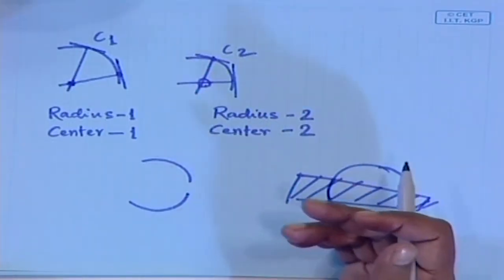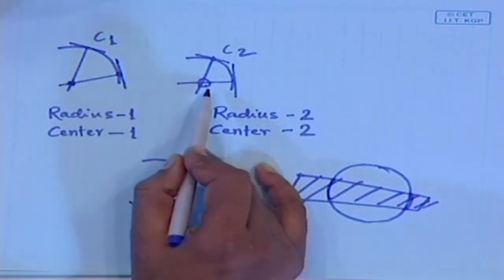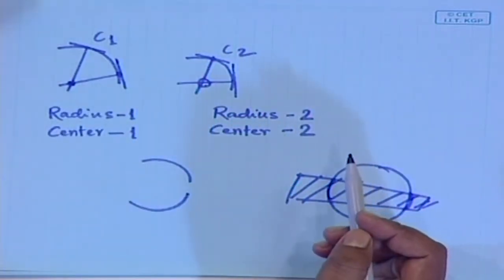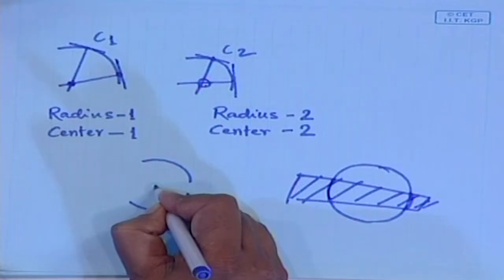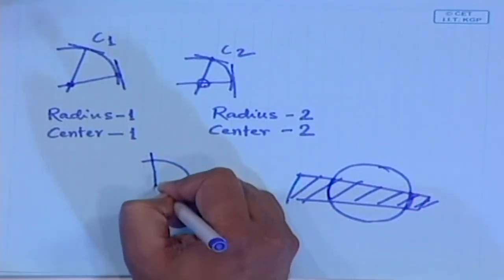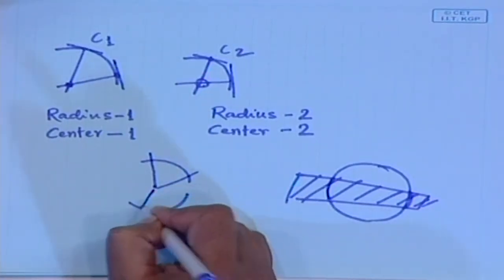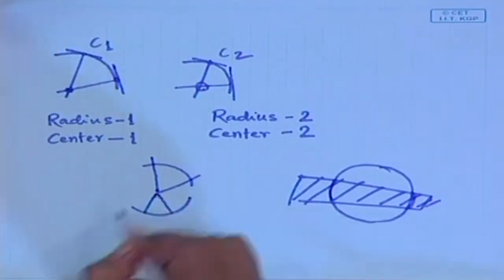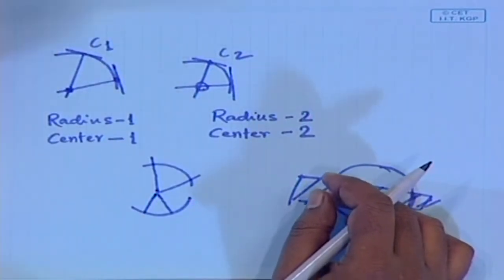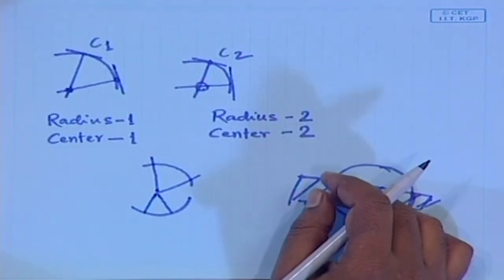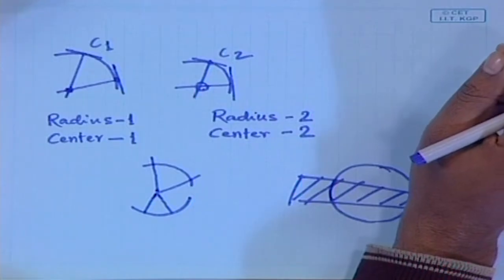Now in this case, if I want to find out whether they are part of the same circle or not, I'll perform a similar type of operation and find out the centroid location of the center. Here you will find that the location of the center considering this arc and considering this arc will be the same, or they may not be exactly the same, but they will be very close to each other, or the distance between these two centers is very small.